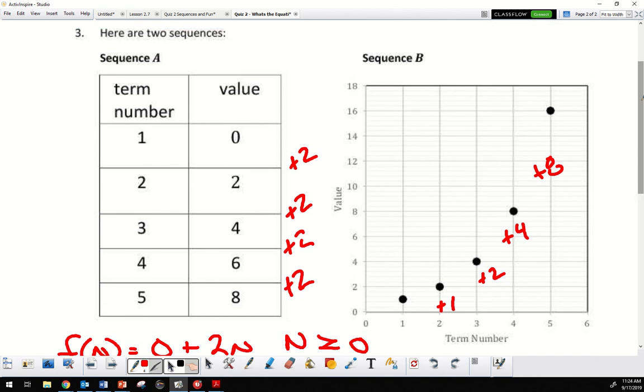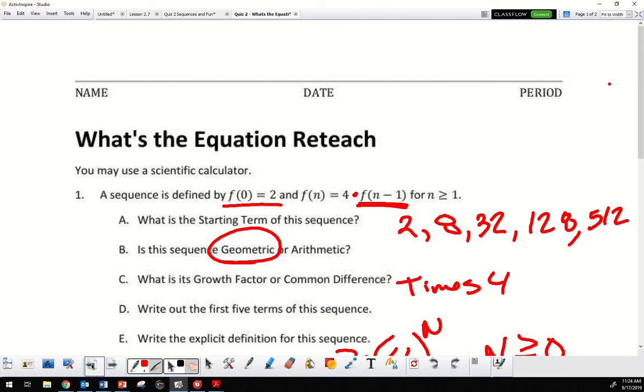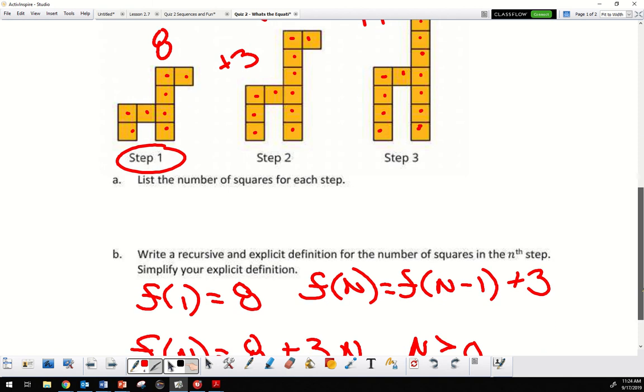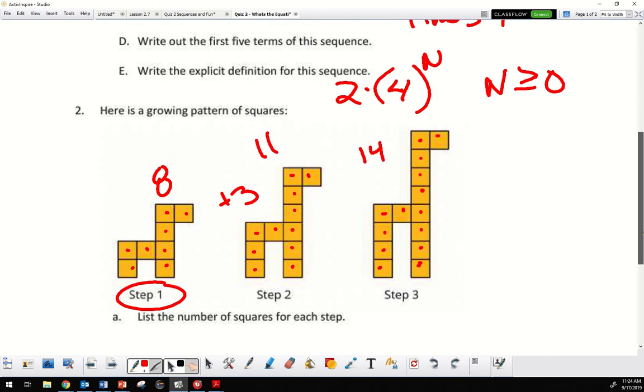Exactly the same format, just change the numbers. So please, please, please, make sure you are following along and you do participate. This is your grade.